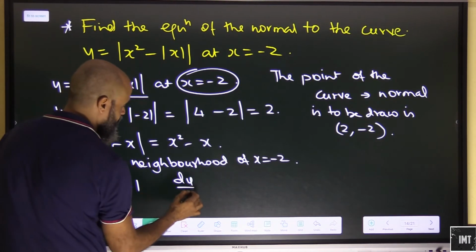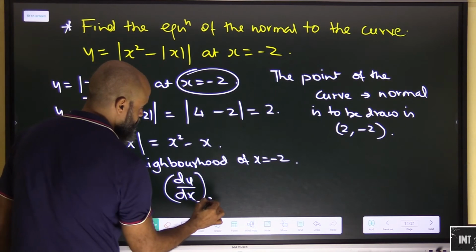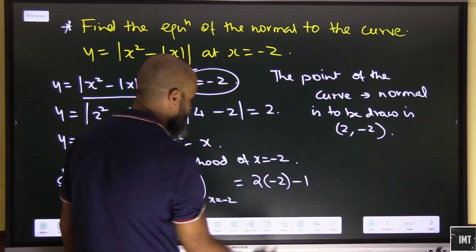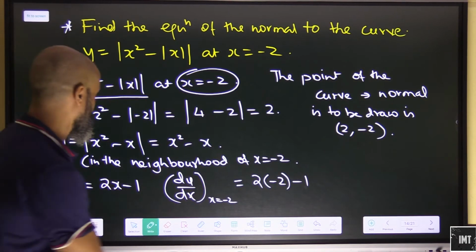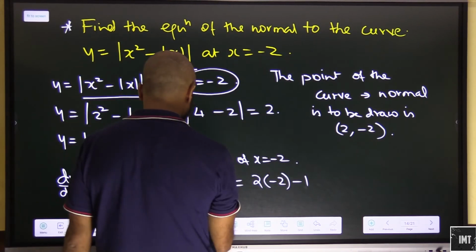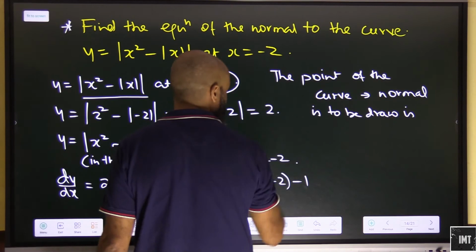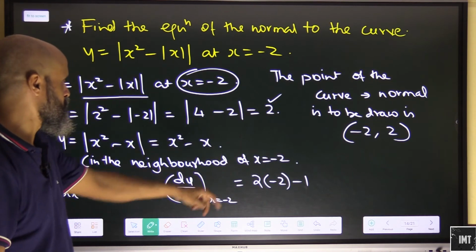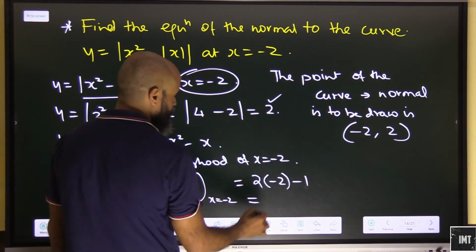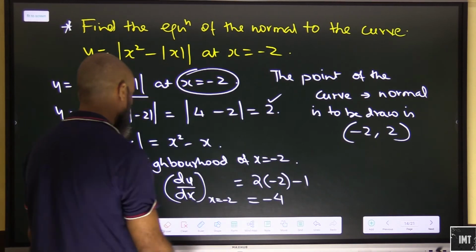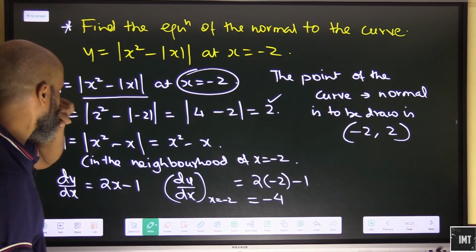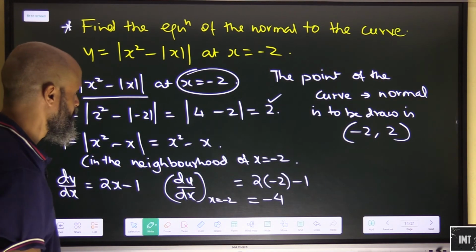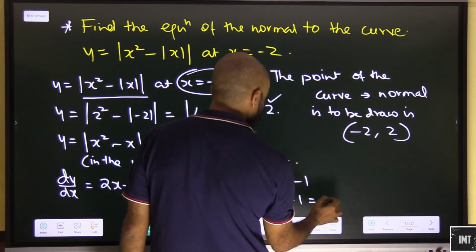If we calculate dy by dx at x is equal to minus 2, this will be 2 into minus 2 minus 1, so minus 4 minus 1, that is minus 5.